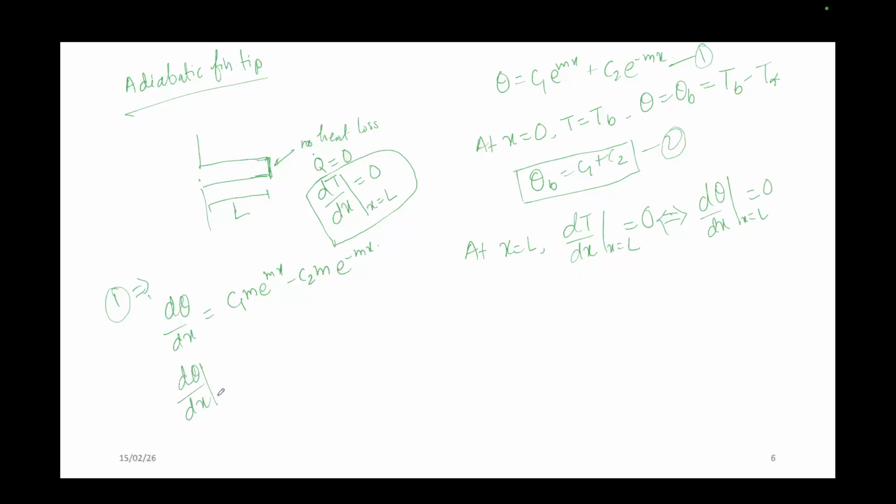Everyone, is it clear? So that is the condition at L. What is its value? It is given 0 at L. So I can write 0 is C1 m e to the power mL minus C2 m e to the power minus mL.